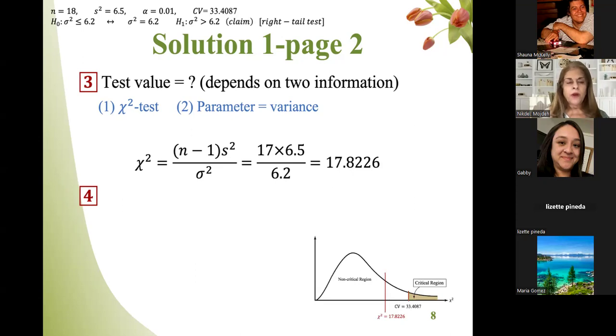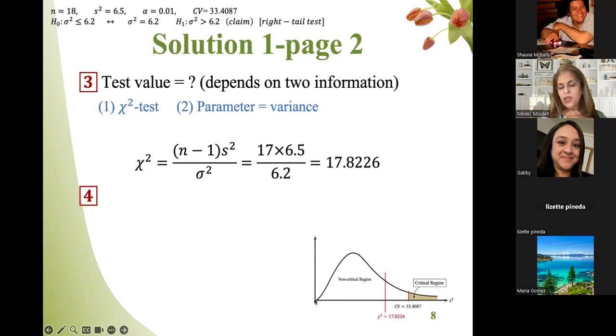And then I have to separate critical region from non-critical region, and I use a critical value. Here it is, 33.4087. The right tail, because we were dealing with the right tail test. So right tail would be critical region, and complement of that non-critical region.